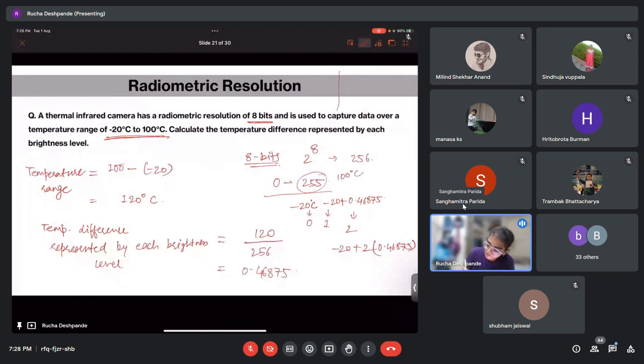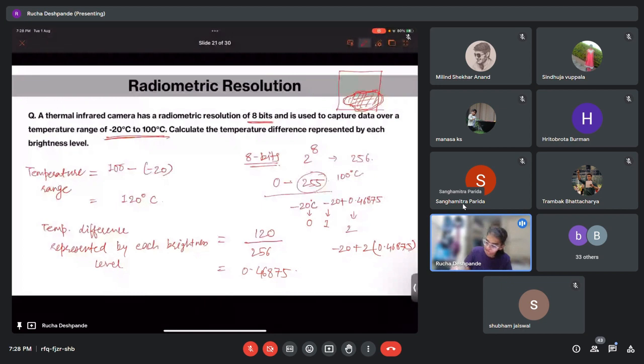So if this is the image, let's say this area in the image represents some region with very hot temperature and the rest of the region has colder temperature. So this area here will appear brighter because it will have higher DN values.